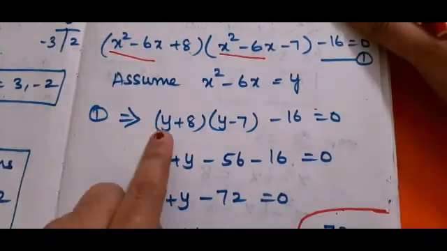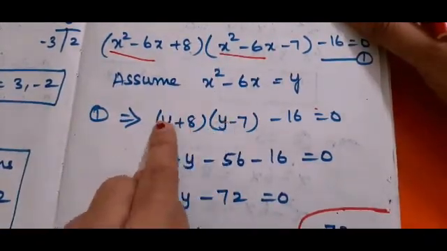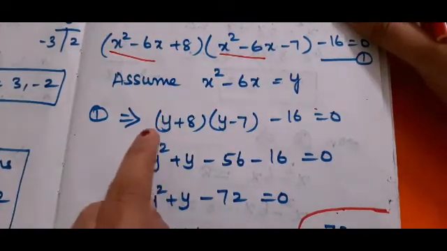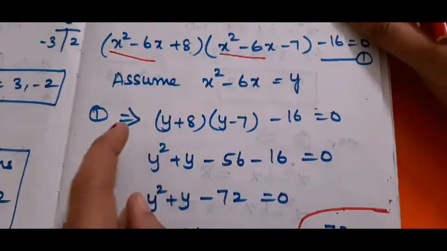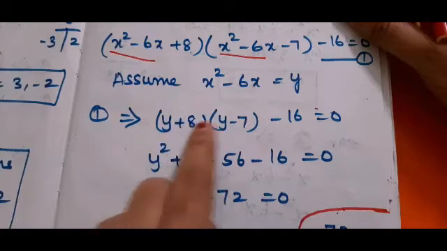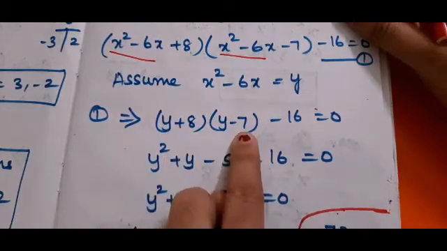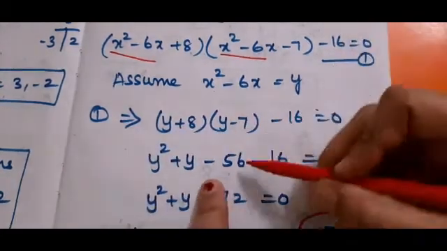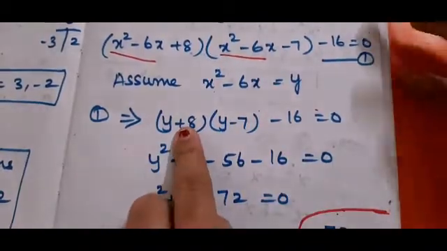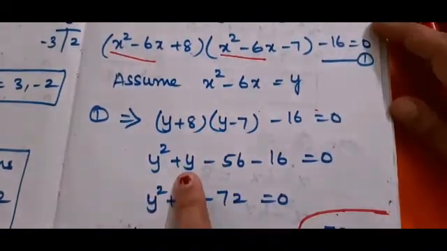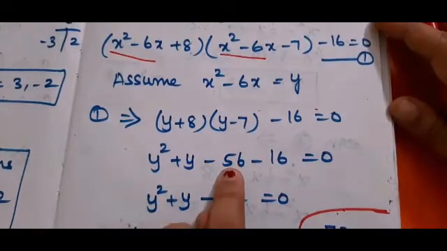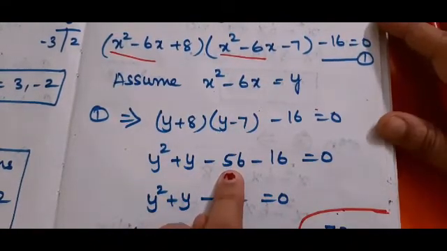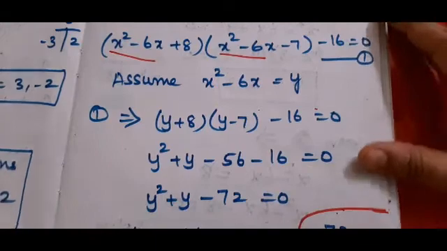Then if you multiply, y into y is y square, plus 8 minus 7 means plus y, 8 7s are 56, minus 56, minus 16 equal to 0.